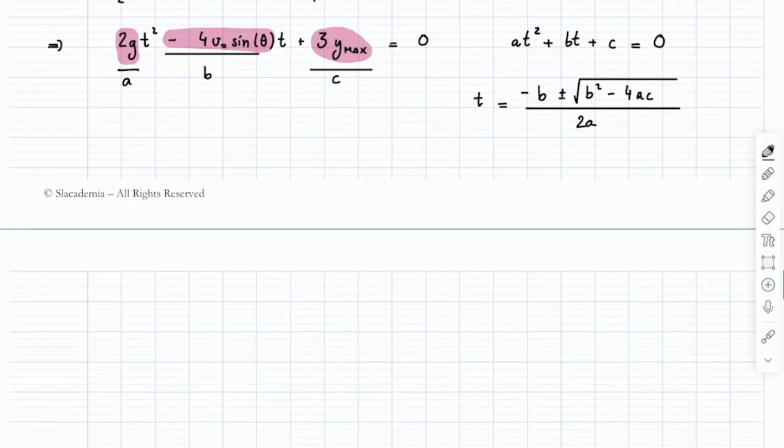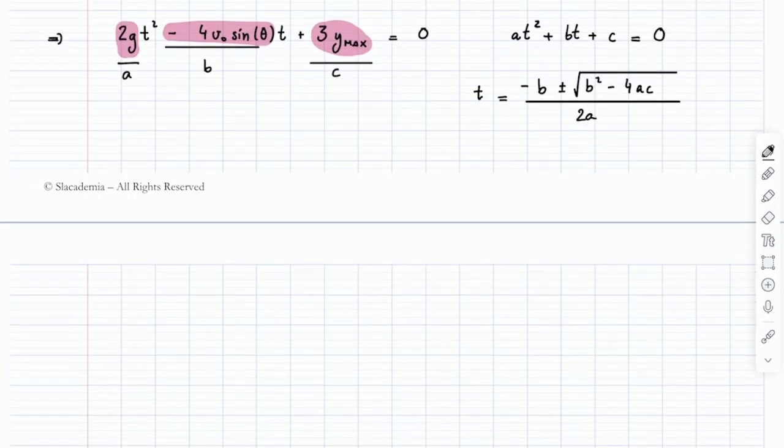Okay, so let's solve this thing. This thing has two roots. I don't know which one is t2 and t3 yet, so I'm going to just call it t in both cases. So t is going to be equal to minus b, that is 4 v0 sine theta. And then I'll do the minus square root first.